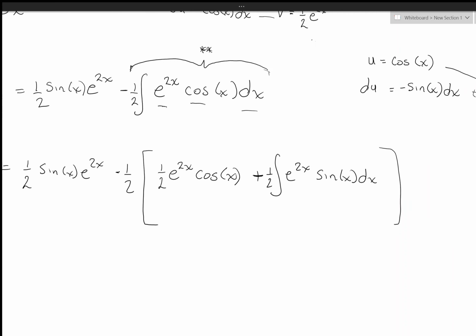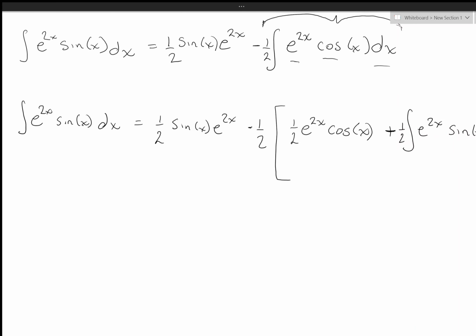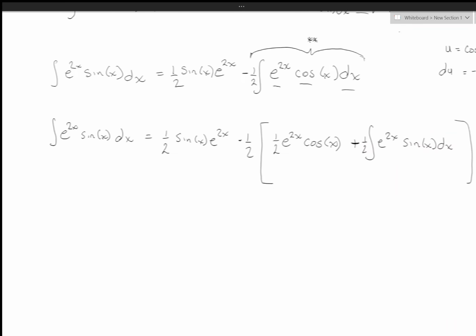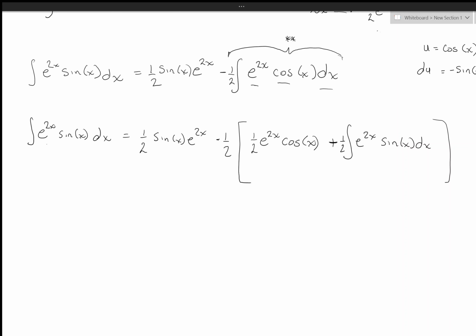All right, so we did that. But look what you notice here: we have e to the 2x sine x dx again, but with a 1/2. We haven't multiplied everything through, so we should. I'm going to write this out again.